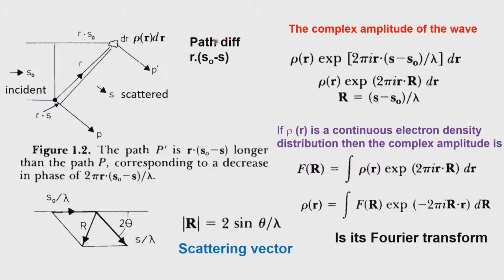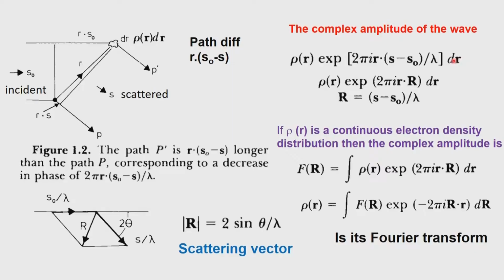When we now decide to represent the amplitude associated with this electron density rho of r d of r, we bring in the issue of E naught. That E naught is rho of r d of r as given here, and this now becomes the so called phase term. The phase term is 2 pi times s minus s naught by lambda, which is the path difference.